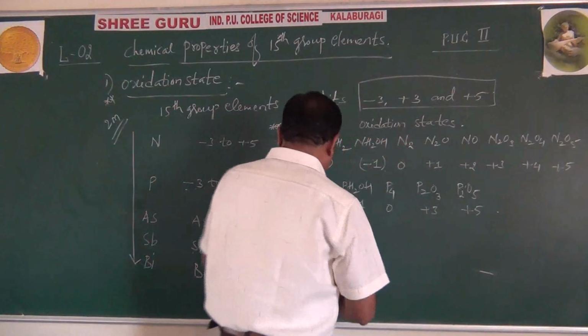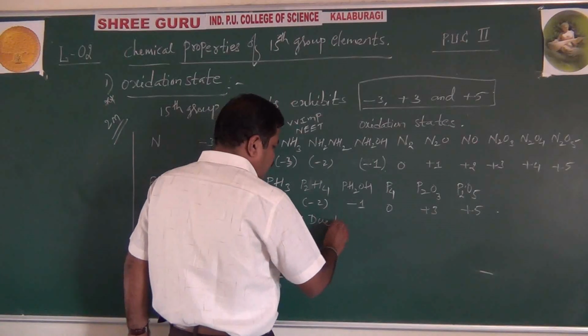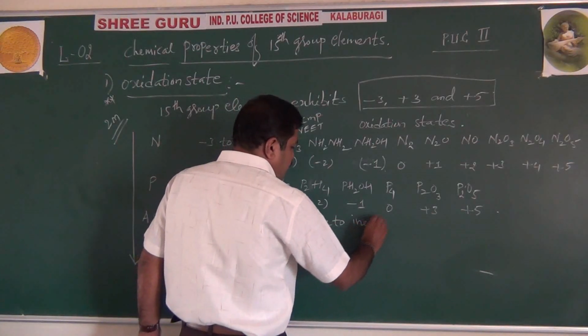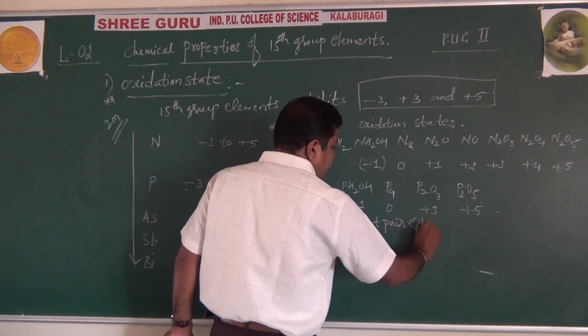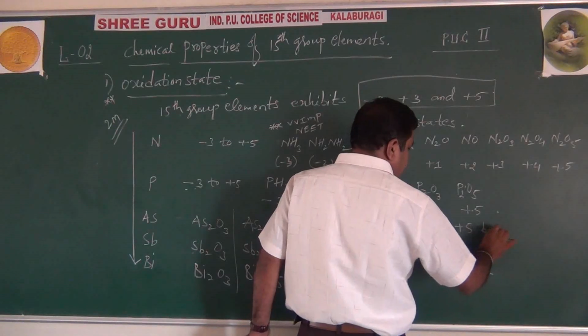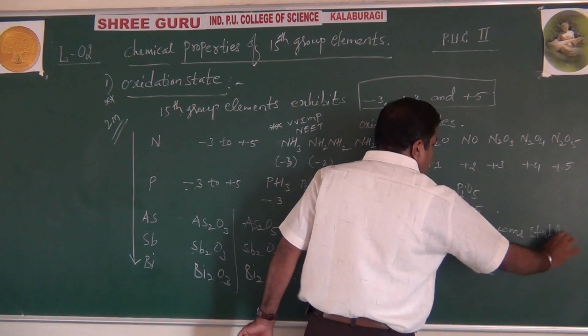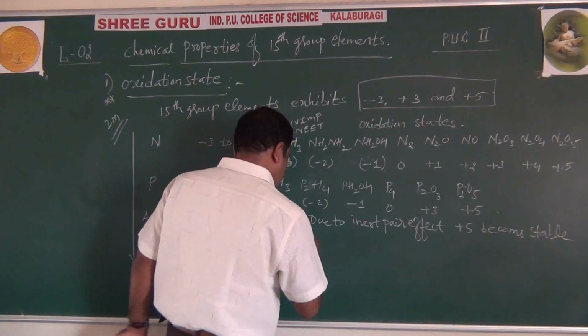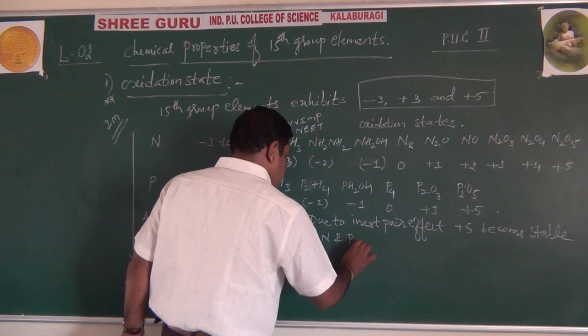I will write here the point to be noted. Due to the inert pair effect, +5 becomes stable for nitrogen and phosphorus.